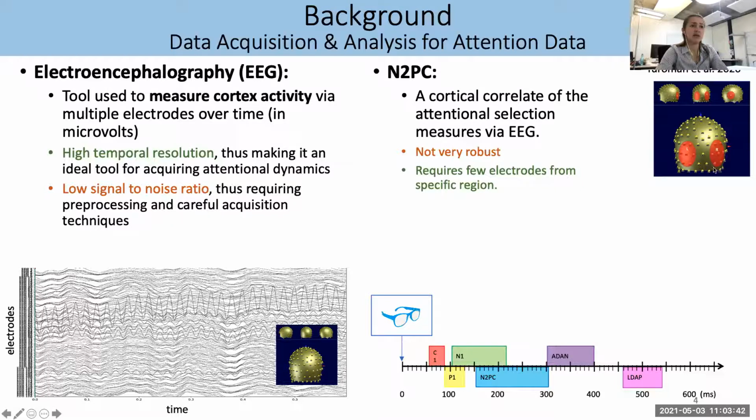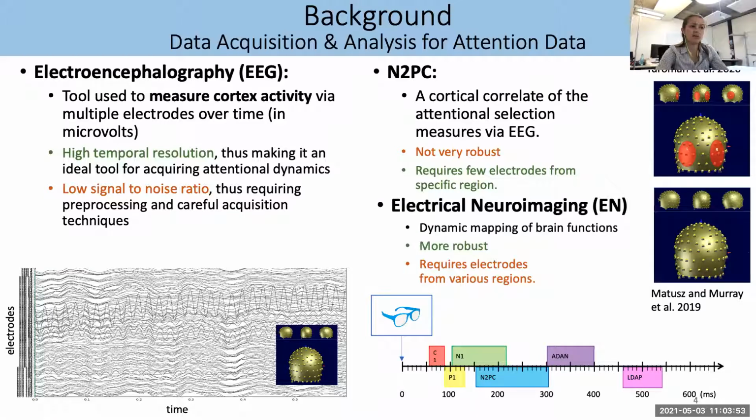As seen here, it only requires a few electrodes in the back of the head, and that makes it easier to calculate. Another method is electrical neuroimaging, which uses the full cap with all of the electrodes, which can make it a bit more limiting, but it is more robust.